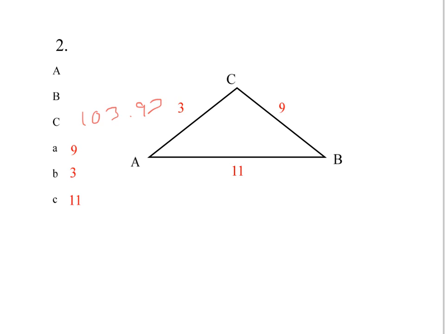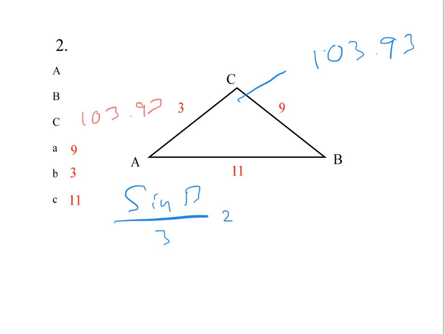I now know that the angle C is 103.93. So now I can use the law of sines to solve for either angle A or angle B, and it doesn't really matter here. I'm using the law of sines, so let's always solve for the smallest angle. So I know that sine of B over 3 is equal to the sine of 103.93 all over 11.